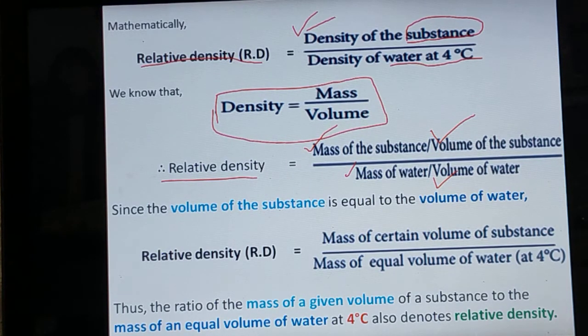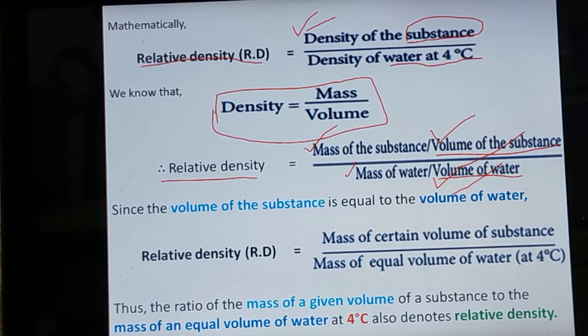Since the volume of the substance is equal to the volume of the water, able to follow? Here the volume of the substance, what we have taken, is equal to the volume of water also. So the volume of the substance and the volume of the water being equal, they can be cancelled out.